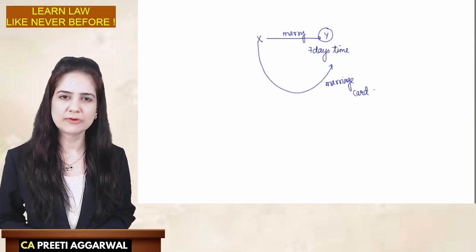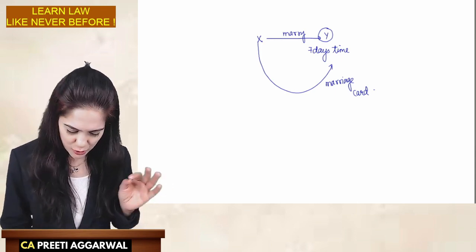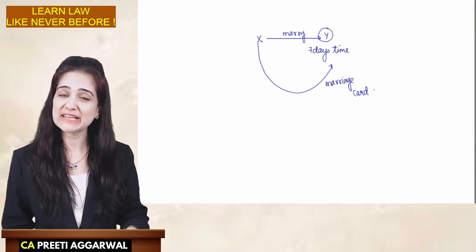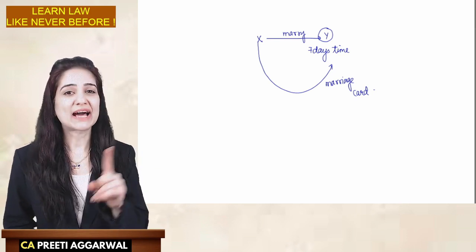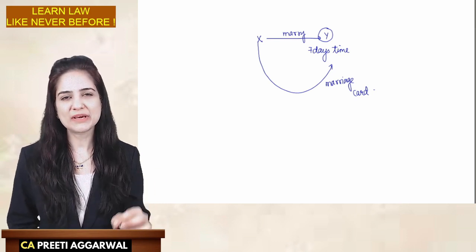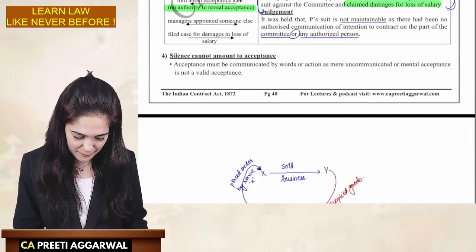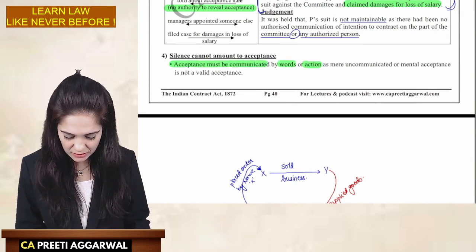Silence does not amount to acceptance. Acceptance must be communicated. So X, please don't be under the impression that if Y does not reply for 7 days, then her silence amounts to acceptance. No, silence does not amount to acceptance. Acceptance must be communicated either by words, actions.